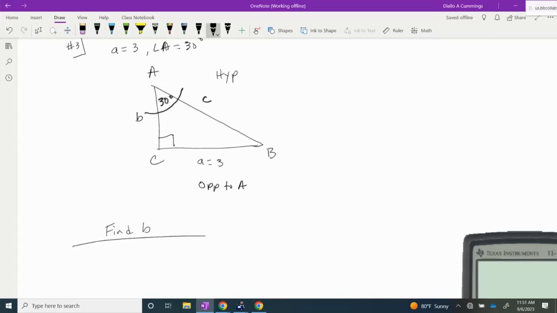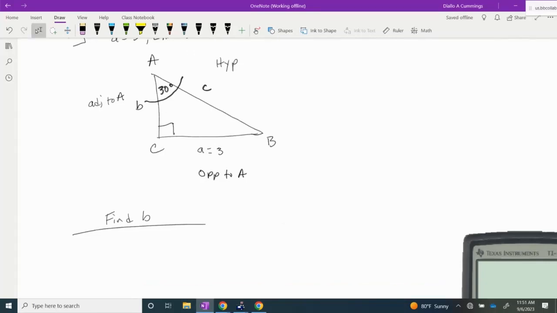And side B is going to be my adjacent side. So I have my opposite, adjacent, and hypotenuse labeled according to the reference angle.